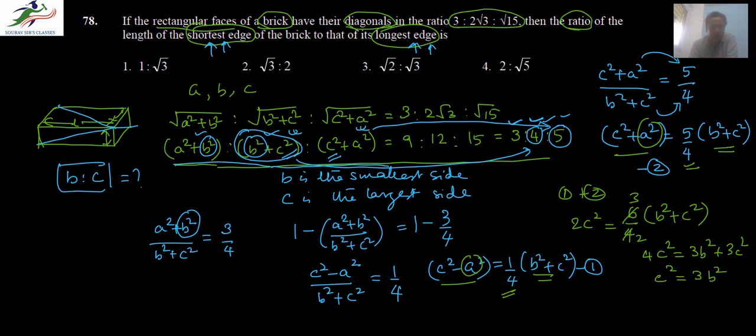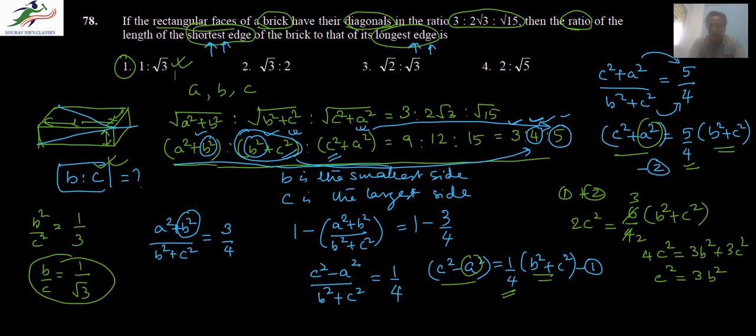Now I need b is to c, so therefore I can write b square by c square is equal to 1 by 3, or b by c is equal to 1 by root 3, which is the required ratio that we are looking for. And if I look at the options, option 1 says 1 is to root 3, and this is the correct option.